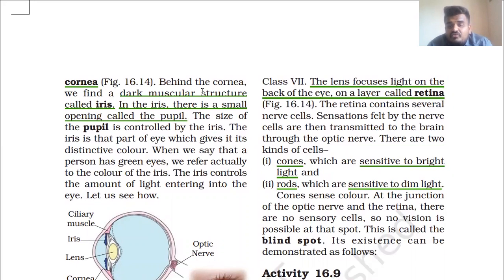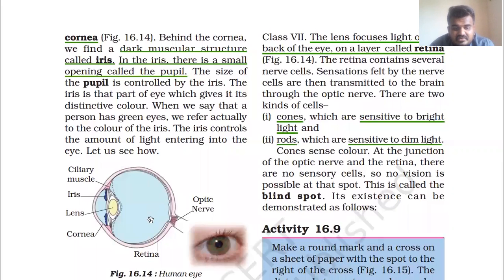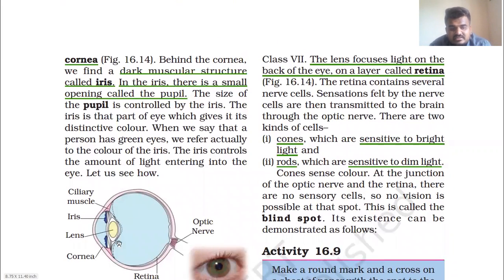The lens focuses light on the back of the eye, on a layer called the retina, as given in this figure. This is the retina, and this lens focuses all the light on the back of the eye.